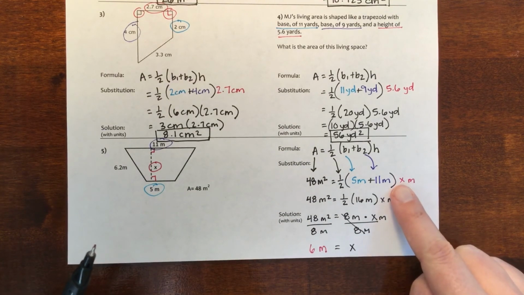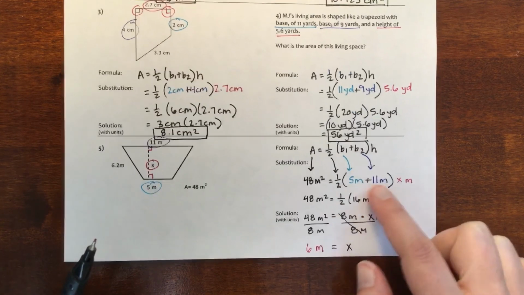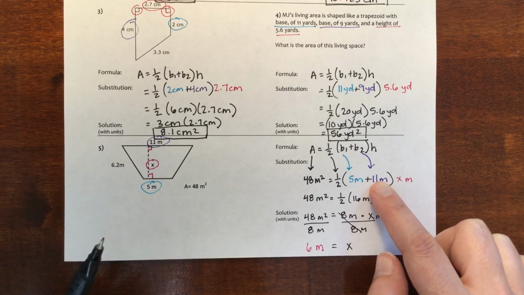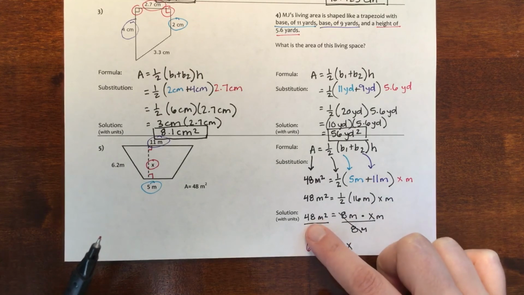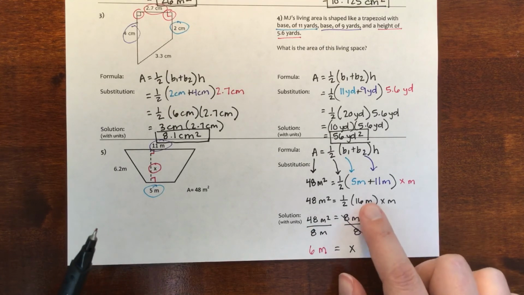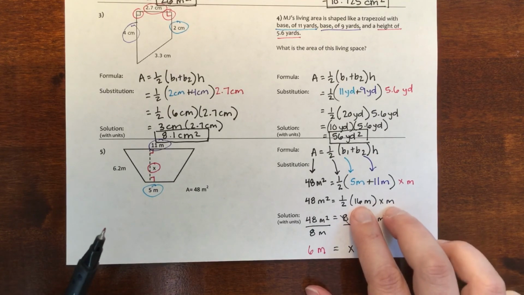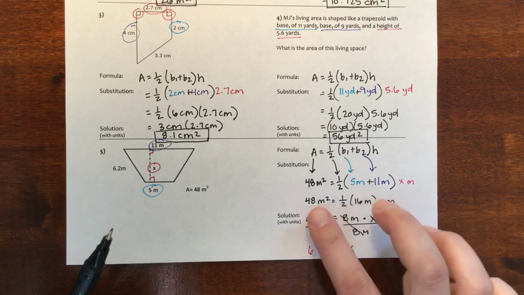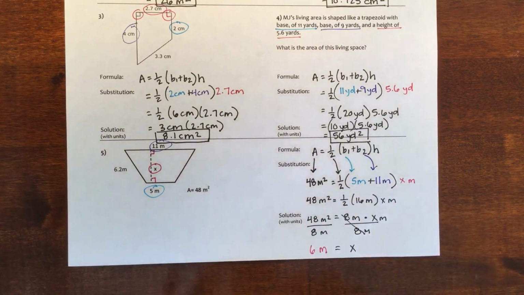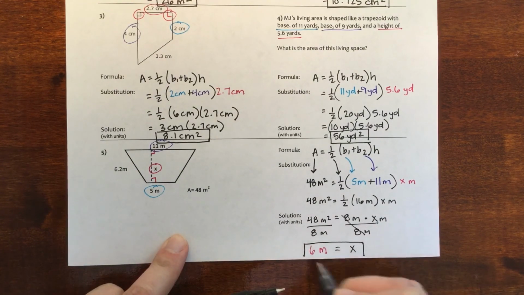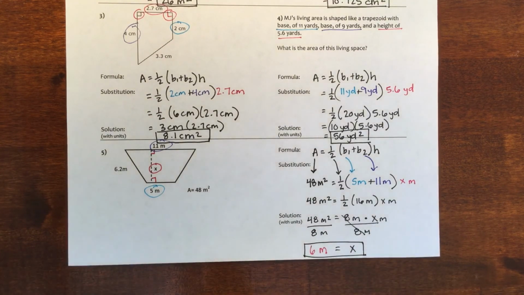If this were a 6, I would have 16. Half of 16 is 8. And then 8 times 6 would in fact be 48. I'll check it another way just to make sure. If I did 16 times 6, that would be 96, and half of 96 is still 48. So I feel pretty confident to say that the missing height measurement, or x, is 6 meters.